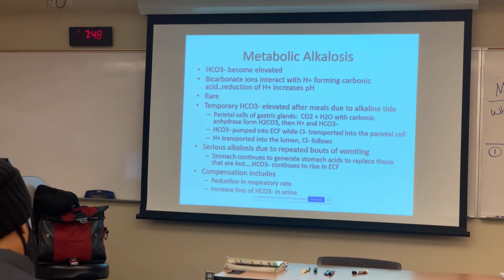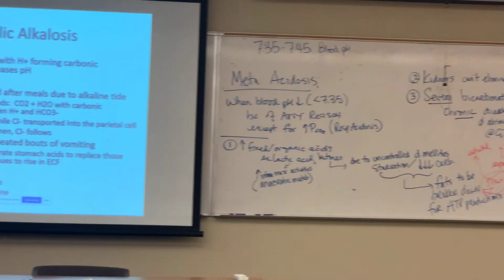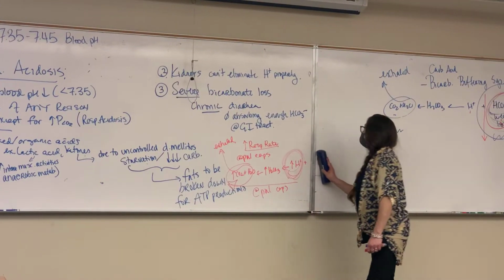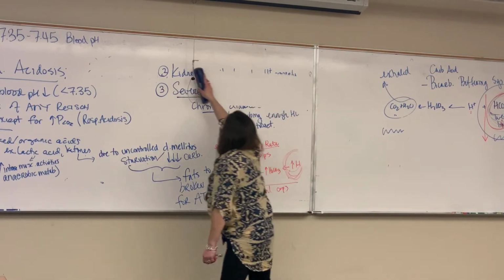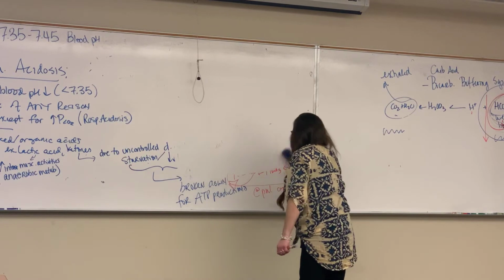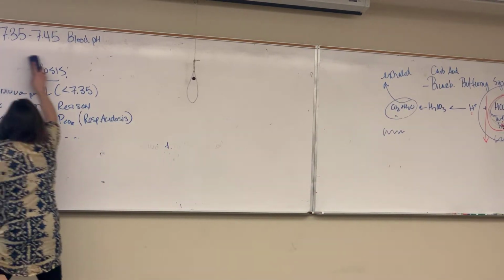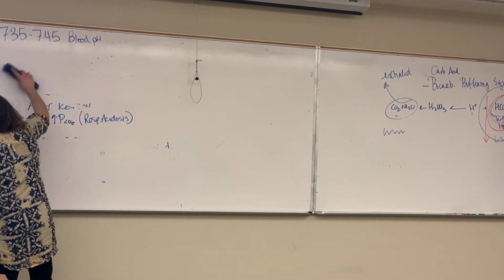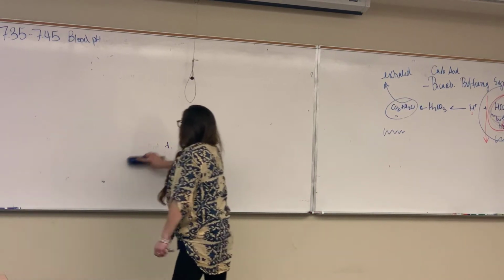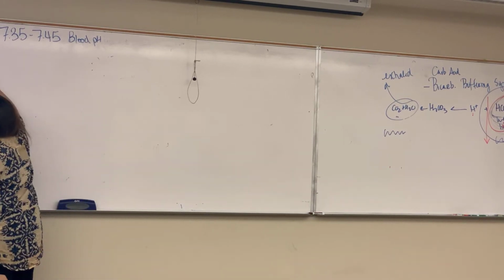This last one is metabolic alkalosis, and like respiratory alkalosis, it's very rare. So you just don't see it very often. Alright, so metabolic alkalosis. I kind of think of it similarly to what we just did with metabolic acidosis.